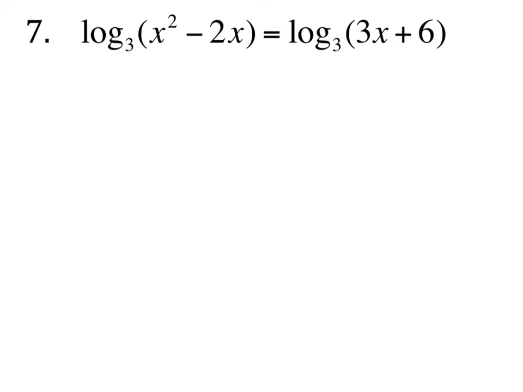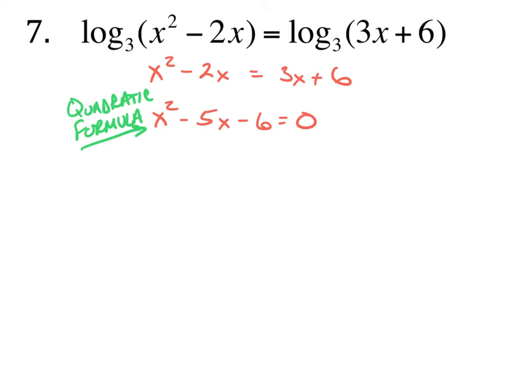Continuing on to number 7, once again we have two equal logs. We can simply take the insides, set them equal to each other. Really the only difference here is that we are starting with a quadratic situation right away. If we subtract 3x and subtract 6 from both sides, we'd of course set it equal to 0. A reminder that you could use the quadratic formula right there.